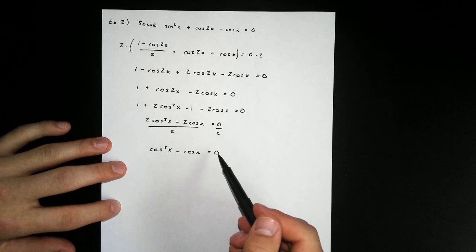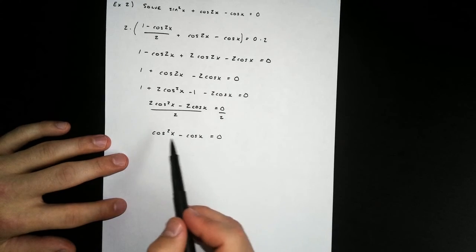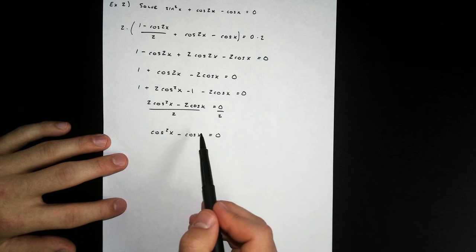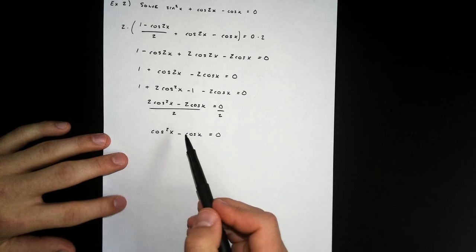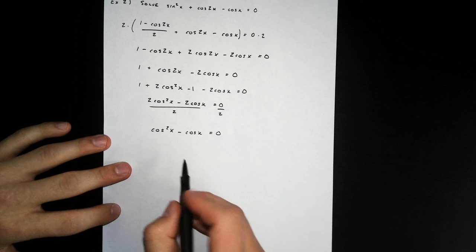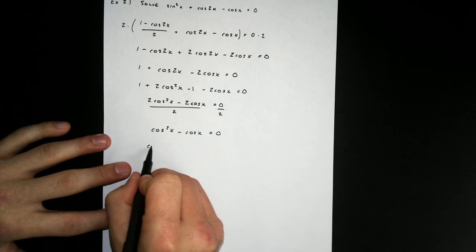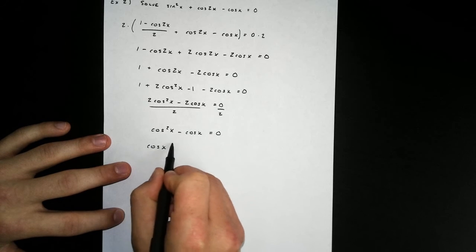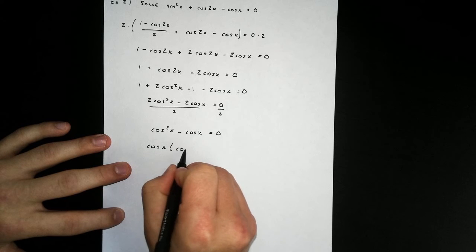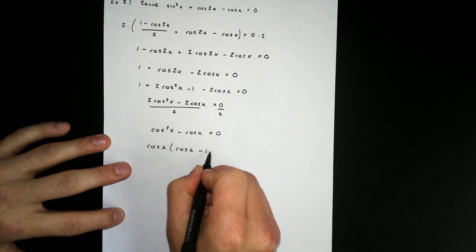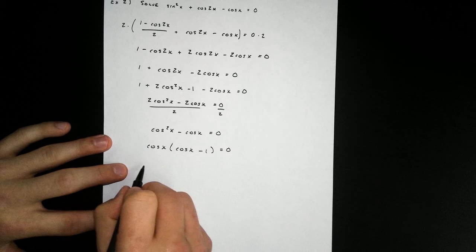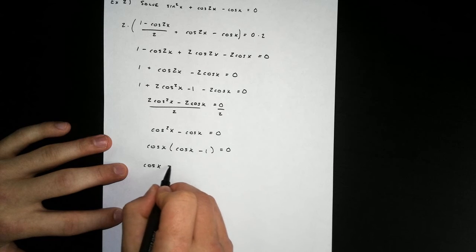Okay, it's good. It's still equal to 0 because now I have cosine squared, cosine to the first. I can factor this, and I can use my zero product property. So factoring that out, we get cosine of x times cosine of x minus 1.